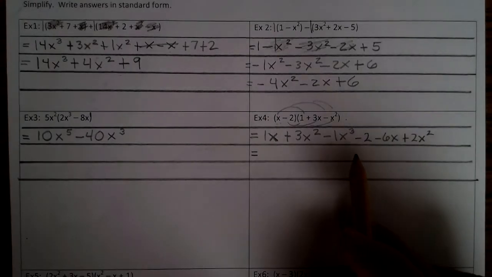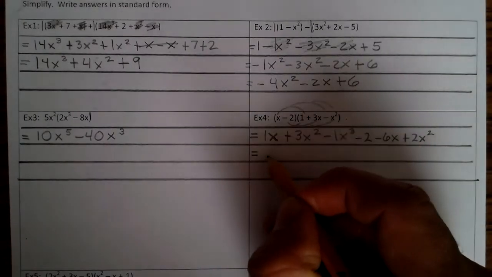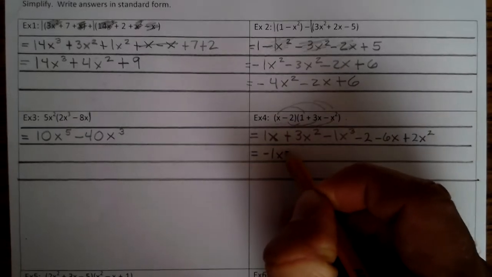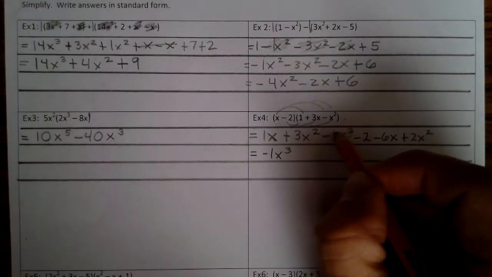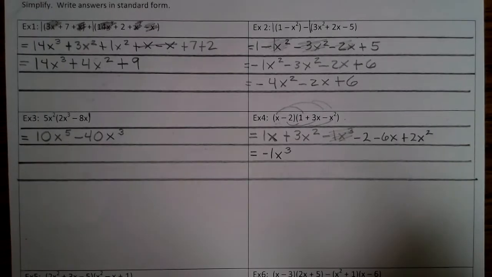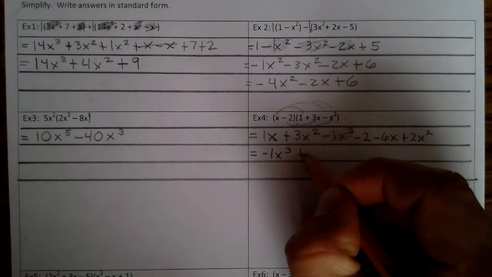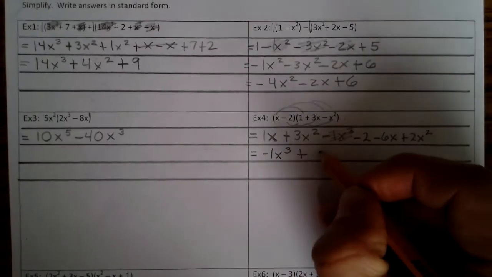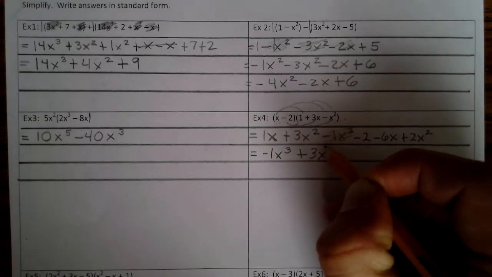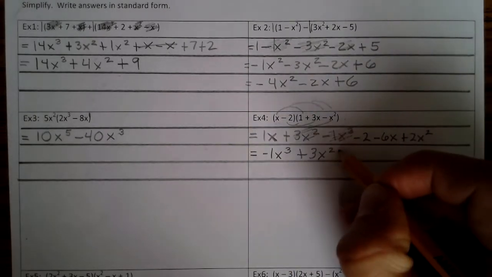So now we're going to combine terms from highest to constant. So start with negative 1x cubed. And then looks like plus 3x squared. Plus 2x squared.